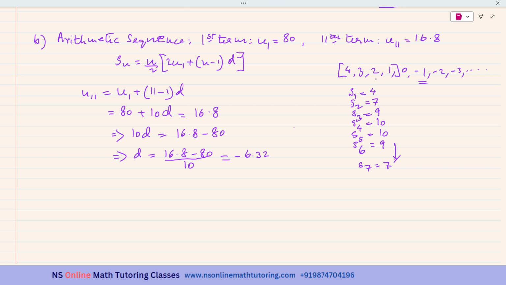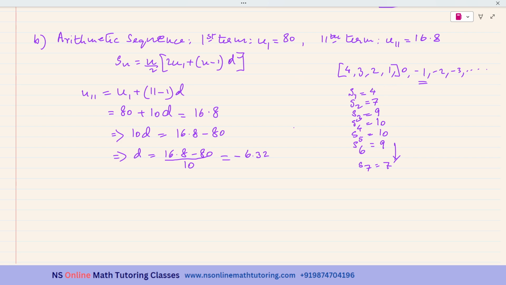As we take more and more positive terms from the sequence, the sum total will be increasing. And if we take all the positive terms present in the sequence, that will be the greatest sum total. So we have to find how many positive terms are there in the sequence or the series.